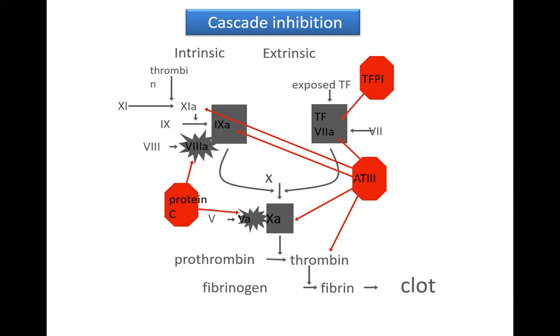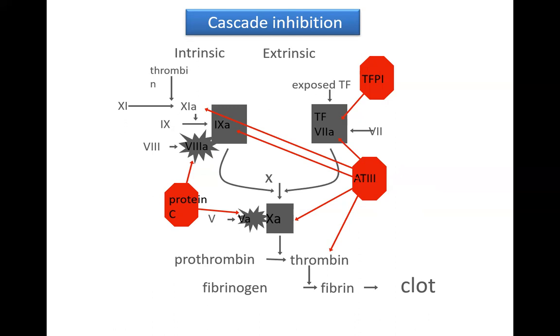Agreed? So once the clot is formed and the bleeding has stopped, this is really important. There are two mechanisms. One is there to lyse the clot. We call it fibrinolytic pathway. The most important protein in the fibrinolytic pathway is the conversion of plasminogen to plasmin through TPA or tissue plasminogen activator.